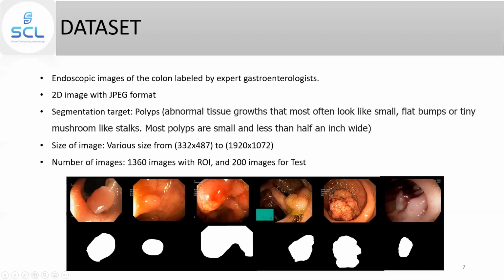The number of images in this dataset is 1360 images with ROI.